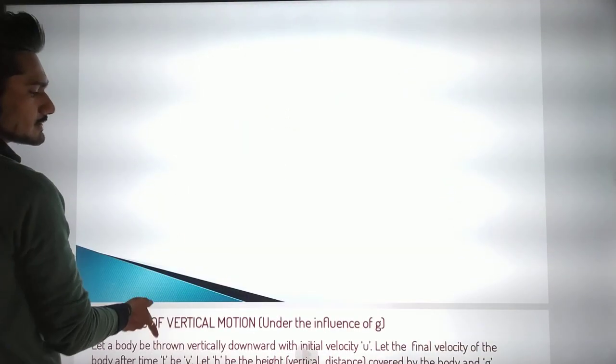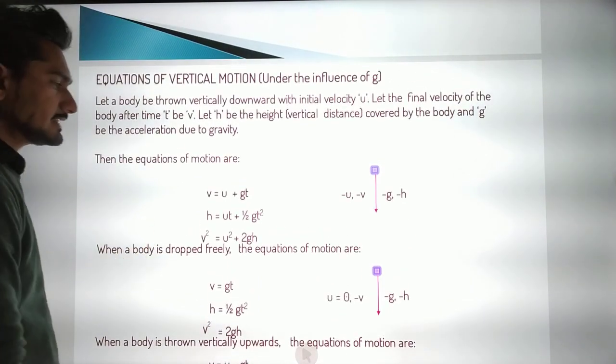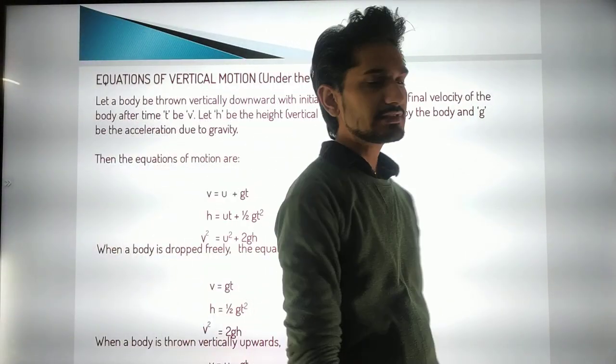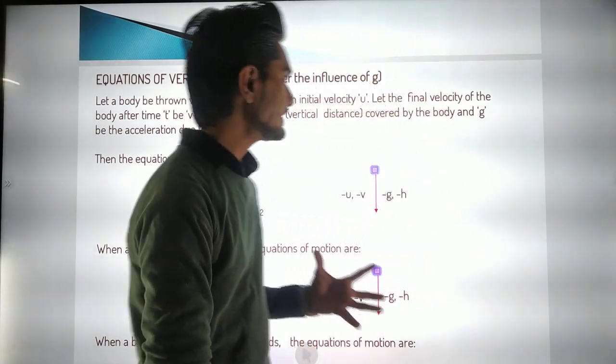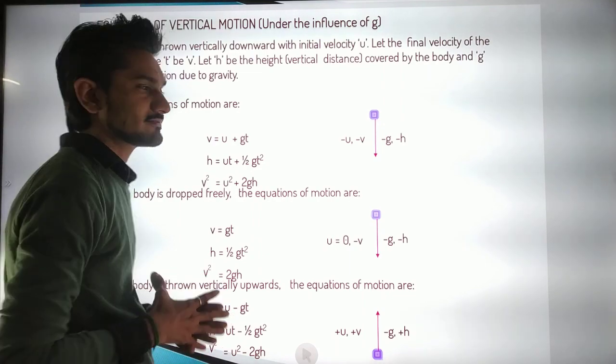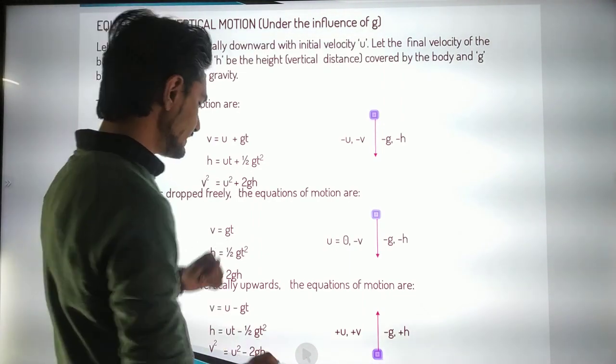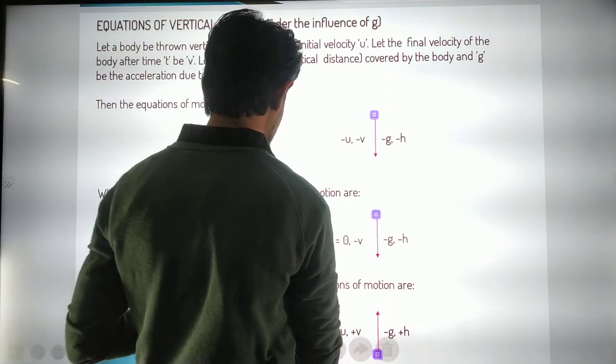From this topic we have understood that we can replace a in the equations of motion with g whenever we are considering motion under the influence of gravity. We have already learned the three equations of motion, but I am still going to write them so you can understand.